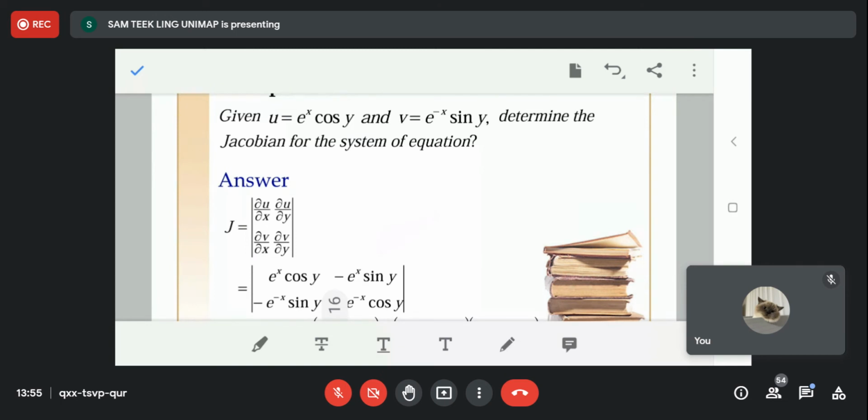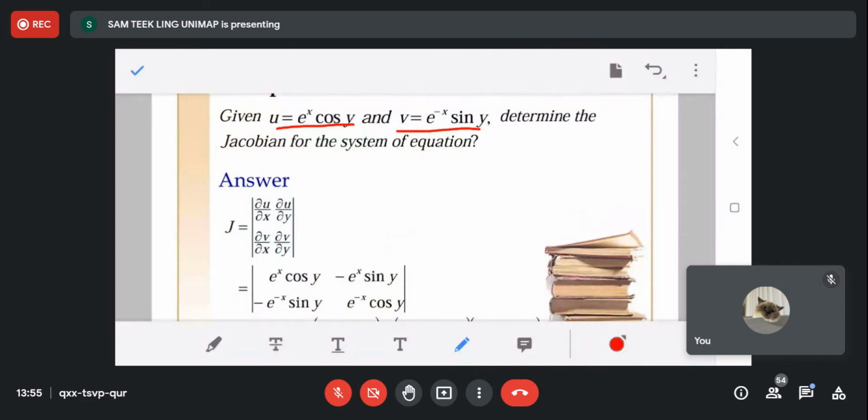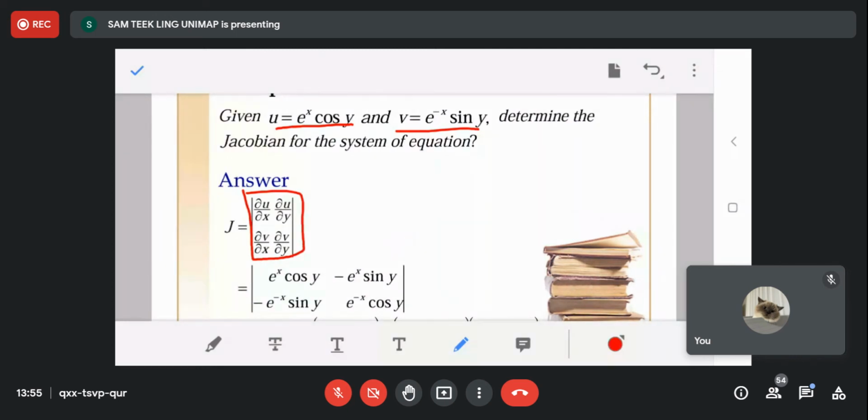So here are two functions, u and v, and we want to find the Jacobian. So J equals del u per del x, del u per del y, and del v per del x, del v per del y. This is the Jacobian.